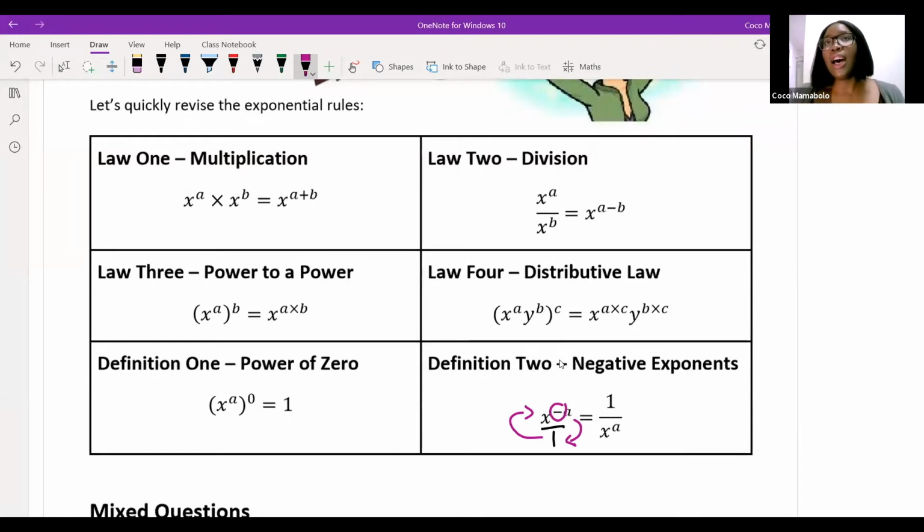I don't know if anybody wants to take a screenshot of this before I continue, because I'm going to show you guys the exercise that you can try in just a bit. But before then, can I get a thumbs up, thumbs down? Are we happy with all of these laws? Have we been able to learn all of these laws? And is there any particular law or definition that you'd like me to go through? Hello, Burlington and Yondela.